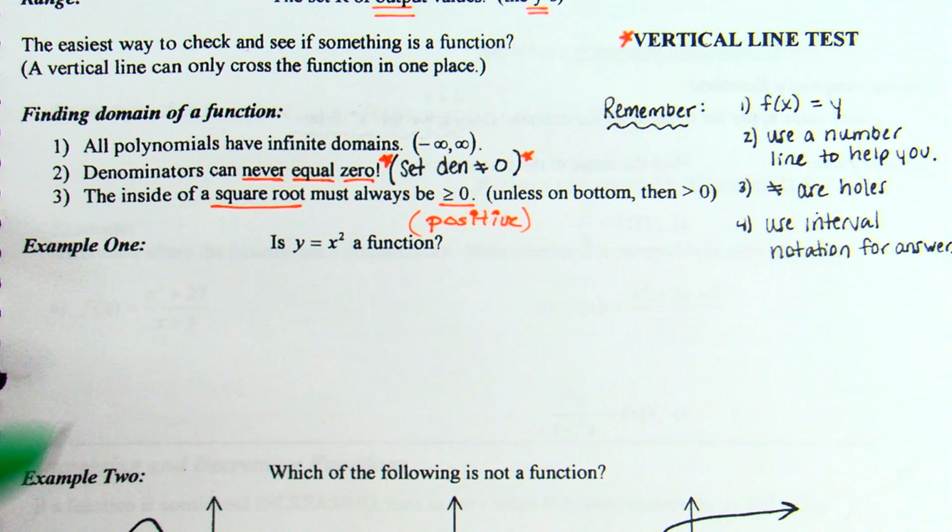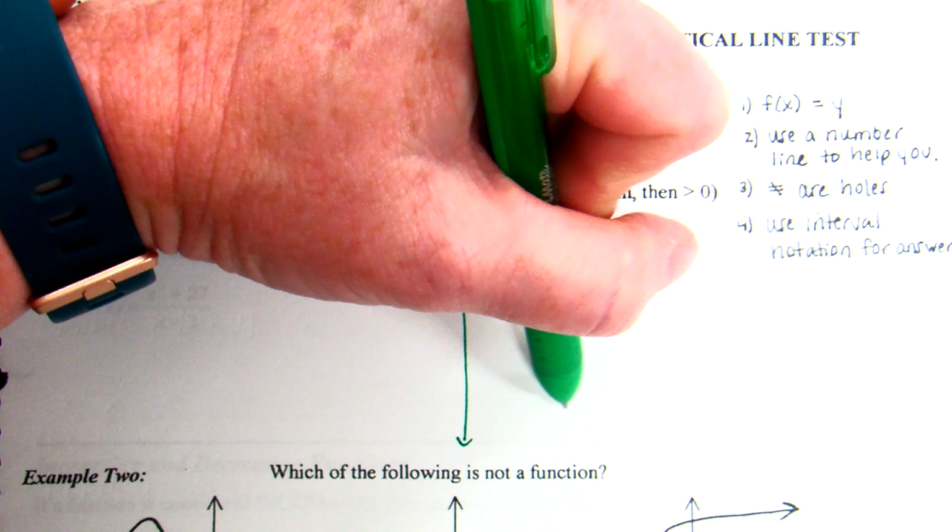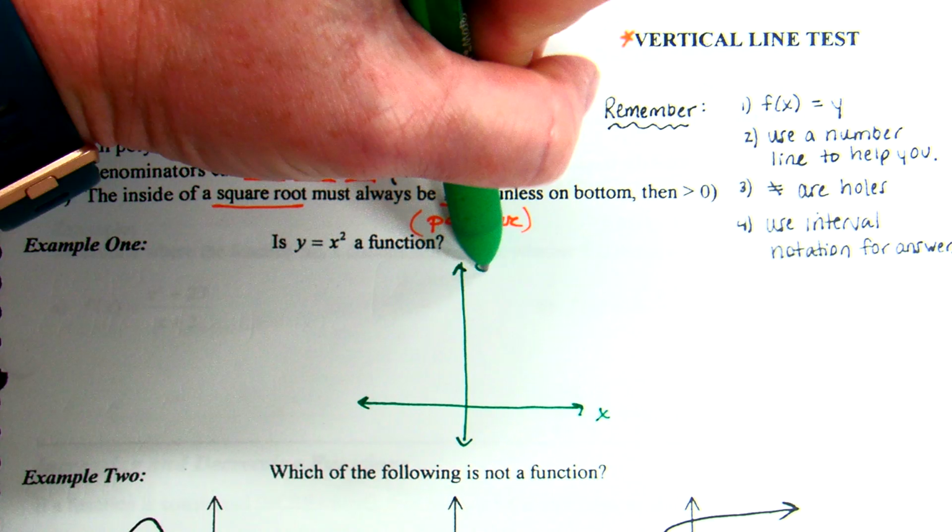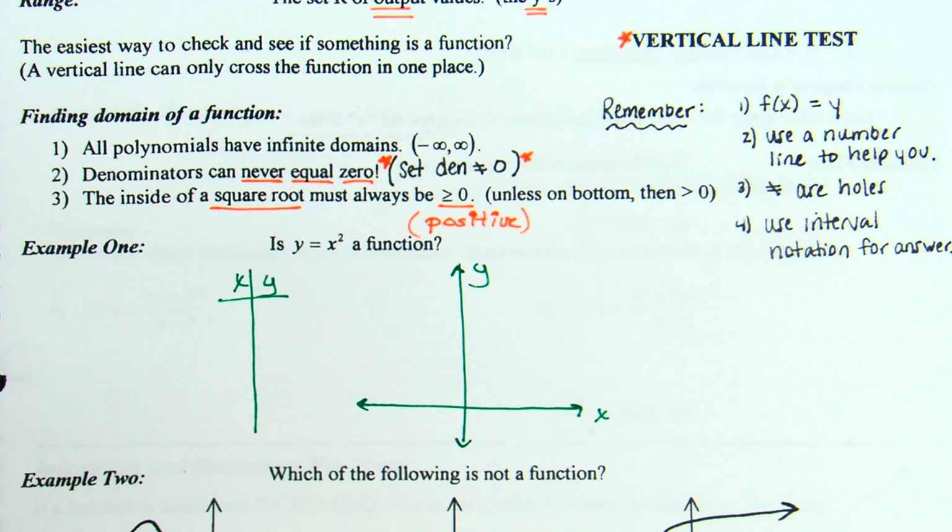For the benefit of my notes, if I sketch a graph, now, and here's something else to think. You guys all went for the graph, which is fine. Could you also think about an XY chart to help you decide if it's a function? Like if I put the x value of 0 in.